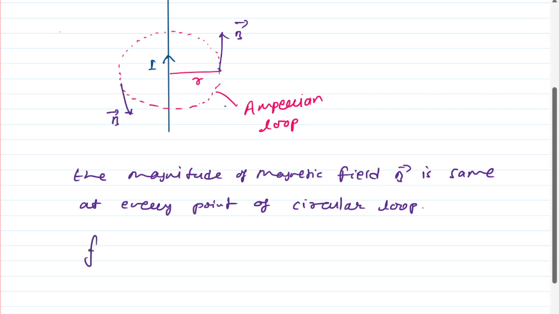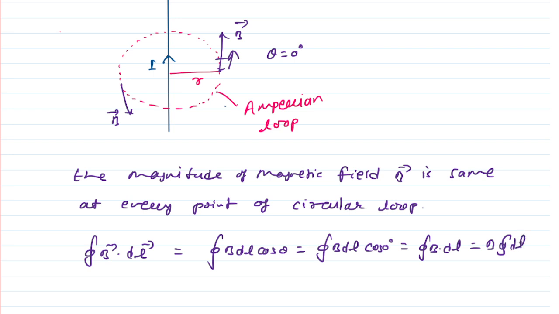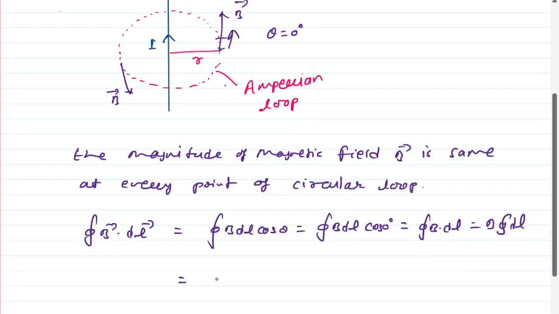So if we apply B dot dl, B is constant in magnitude, so B dl cos theta, and the dl element is also in the same direction, so theta between them is 0 degrees. Cos 0 degrees is 1, so B dl, and B is constant, so it comes out of the integration, and the integral of dl is equal to 2 pi r. So B into 2 pi r.